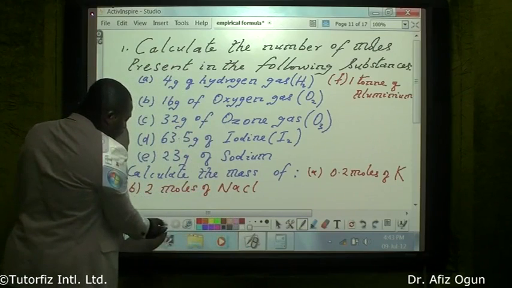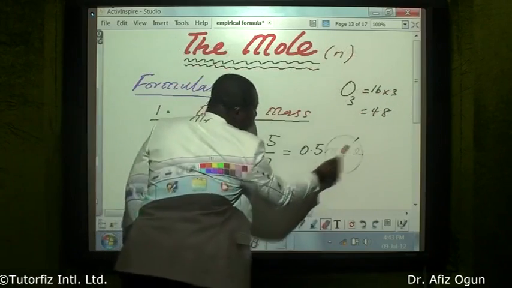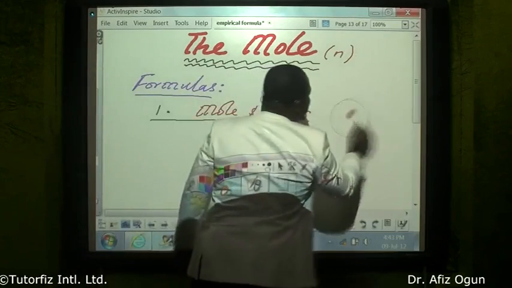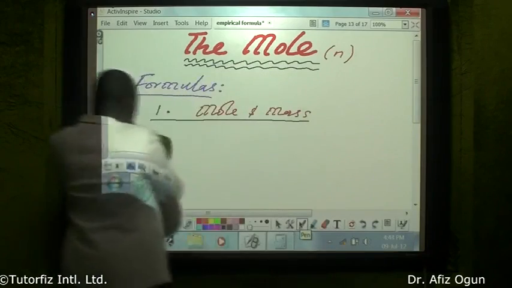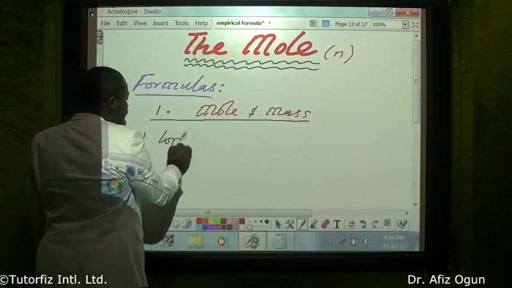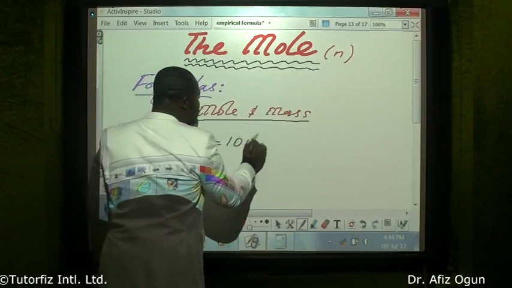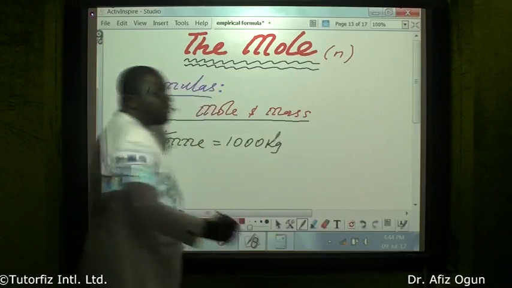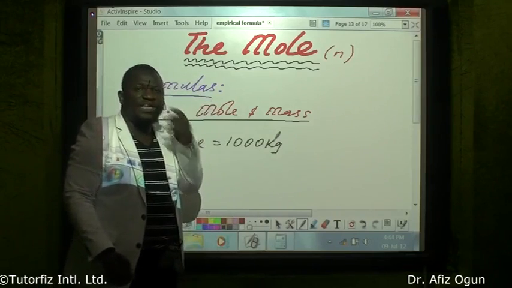When you have 1 ton, you know a ton equals 1,000 kilograms. But we do not want our answer in kilograms. In chemistry, we normally calculate in grams.